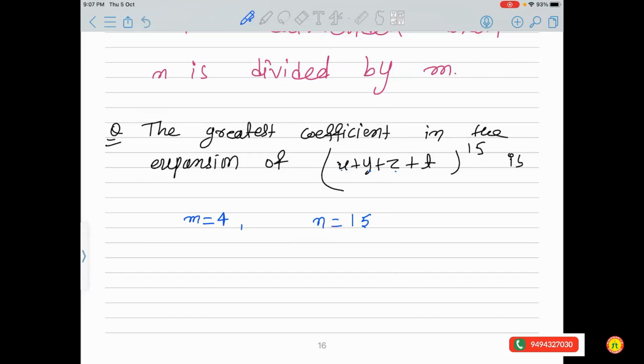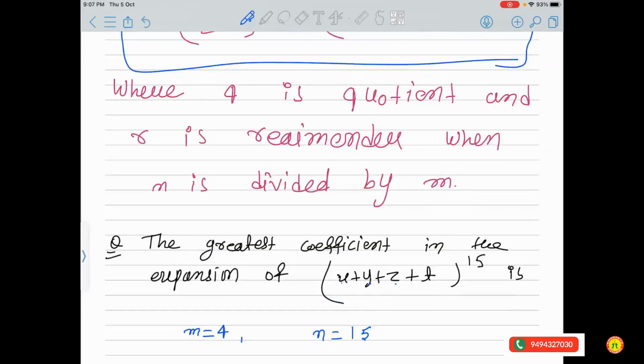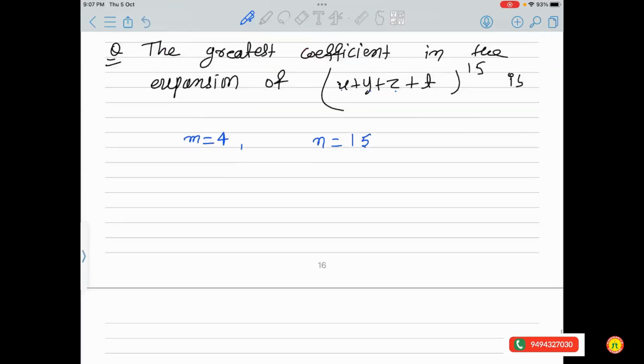Here q is the quotient and r is the remainder when n is divided by m, so we divide 15 by 4. The quotient will become 3, 12, remainder 3. So q is equal to 3, r is equal to 3.